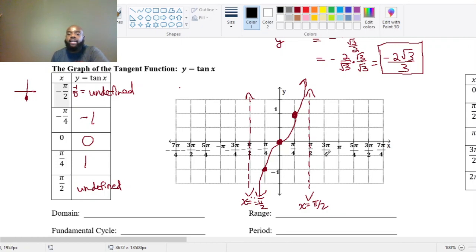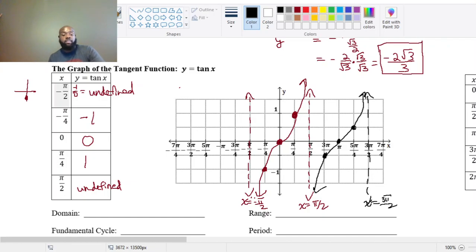And so I get a negative 1 here, 0, 1. I'm going to have another vertical asymptote at x equals 3 pi over 2. And so I'm going to get a function that looks a little better. And then I considered the same pattern here. Uh-oh.